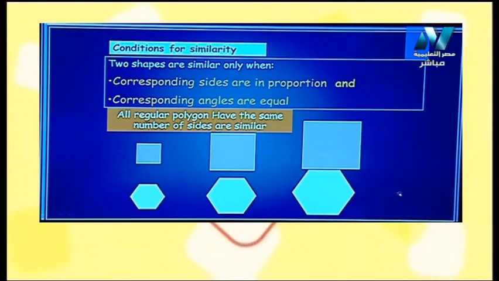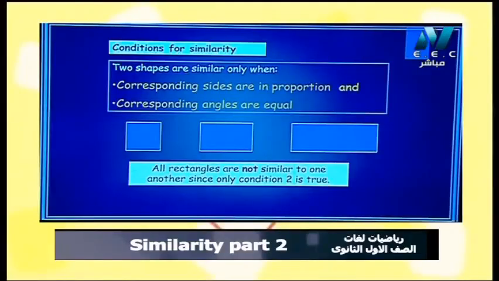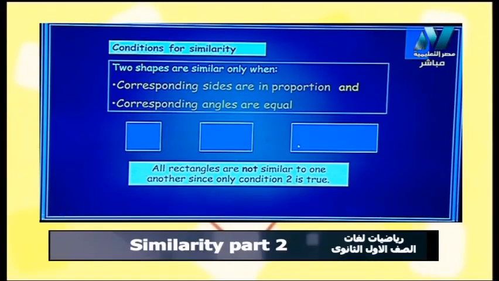Okay, let's go to the second slide here. We continue conditions of similarity, and remember, my dear students, that all corresponding sides are proportional and all corresponding angles are equal in measure. If we have rectangles, like here, we have 3 rectangles.